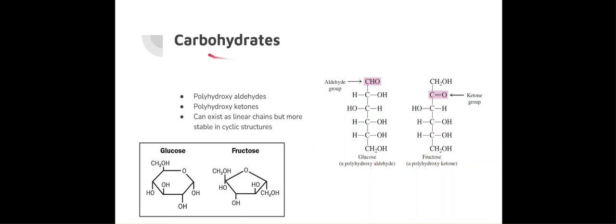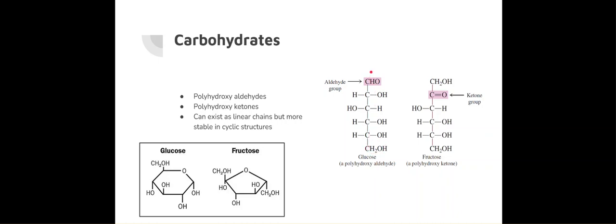Okay, carbohydrates are polyhydroxyaldehydes and also polyhydroxyketones. So you see over here, this is a carbohydrate called glucose, an extremely common one. And you see here that it's a long chain with a bunch of hydroxy groups on it. At this end is an alcohol.